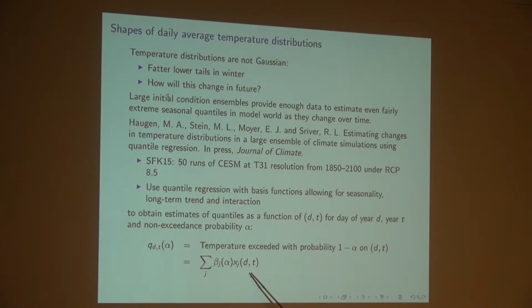And so we have to pick some basis functions, these xj's, and then we estimate these coefficients which depend on the quantile alpha. And this allows us to map out the distribution of temperatures as a function of the day of the year and the year. And we can do this for 1850 to 2100 because that's the runs that we have.